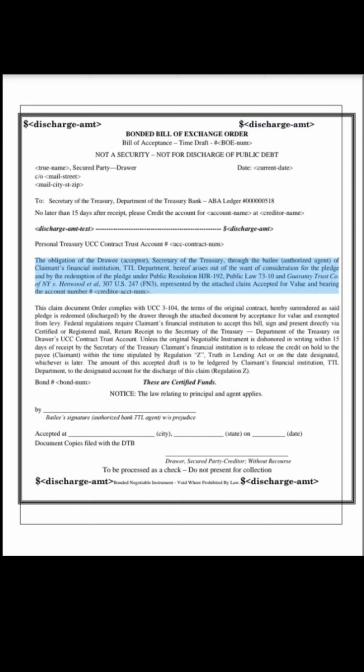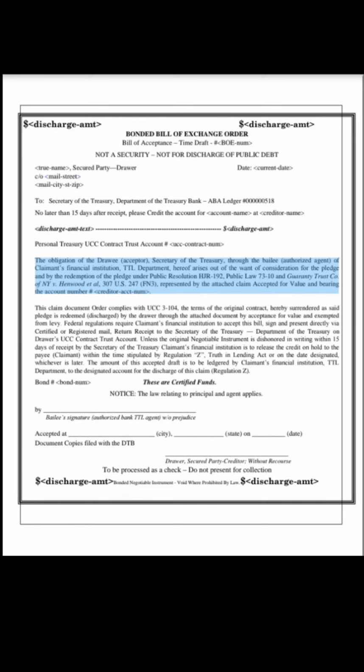The obligation of the drawee acceptor, Secretary of the Treasury, through the bailee authorized agent of claimant's financial institution, TTL Department, hereof arises out of the want of consideration for the pledge and by the redemption of the pledge under Public Resolution HJR 192, Public Law 73-10 and Guarantee Trust Company of N.Y. v.